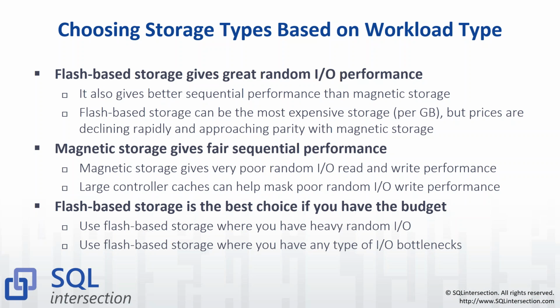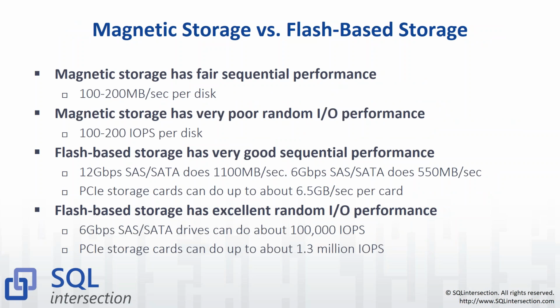And so with magnetic versus flash, you can see the different numbers here. You typically get 100 to 200 megabytes per second per disk for magnetic sequential, but where it really falls down is on random: 100 to 200 IOPS per disk. That's really pathetic compared to flash-based storage. And not all flash is the same. There are different levels of SAS and SATA.